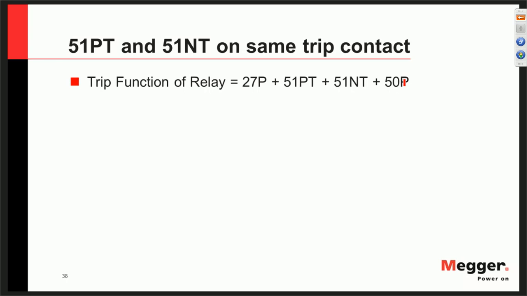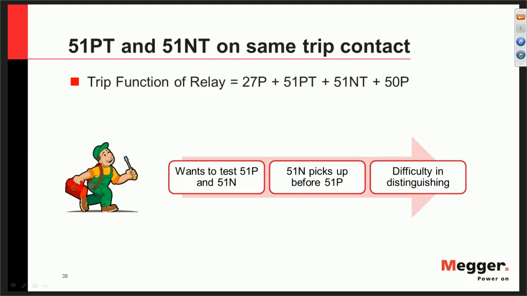I have these 4 elements for my trip function, and they are associated with the same trip contact. So according to the logic, if any of these conditions happen, my trip contact will give a trip, and it will trip the breaker. So how do you test it? Let's bring back Mr. X again, and now he wants to test the 51P element and the 51N element.